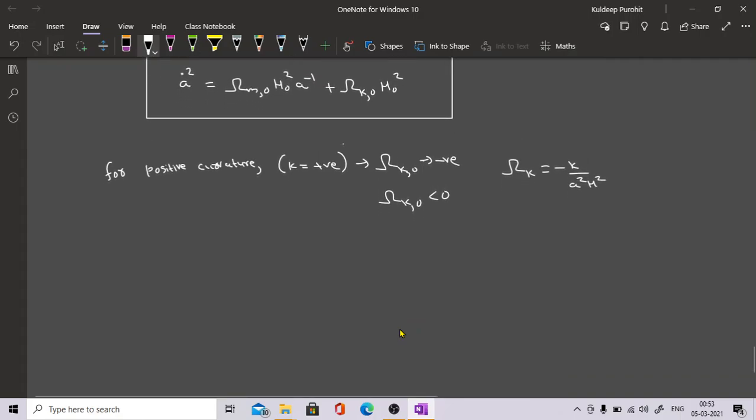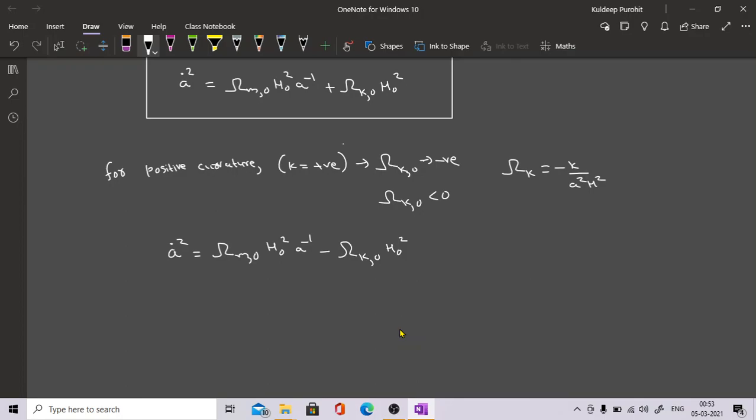So the equation which we will get is a dot square is equal to omega m0 H0 square plus, okay, I will write a negative sign here, minus omega k0 H0 square. I am just taking the negative sign outside from this.